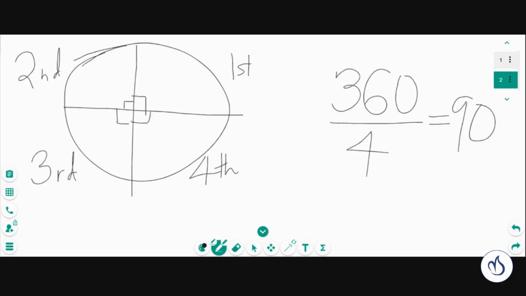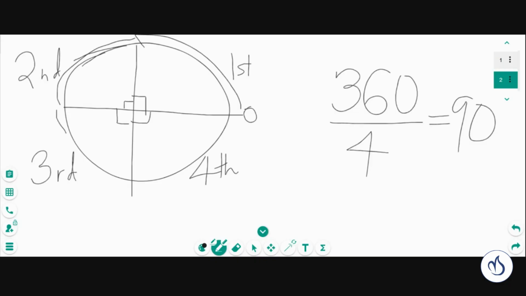So I always begin measuring my angles from here. That is my 0 degrees. When I move from here to here, this becomes 90, and I continue. When I add 90, I get 180.